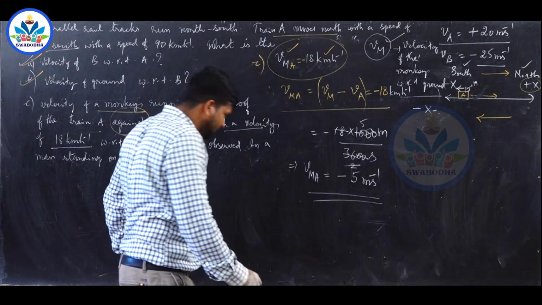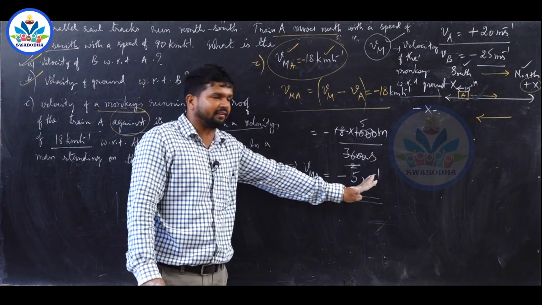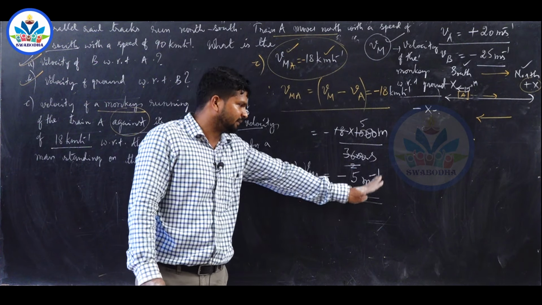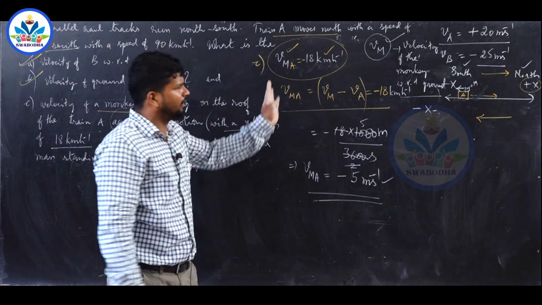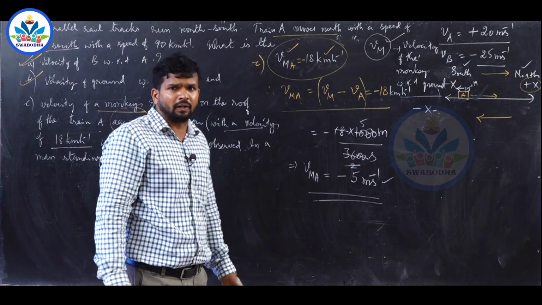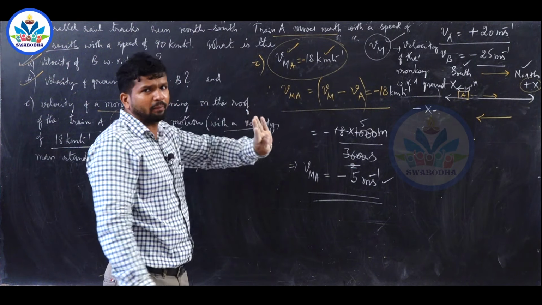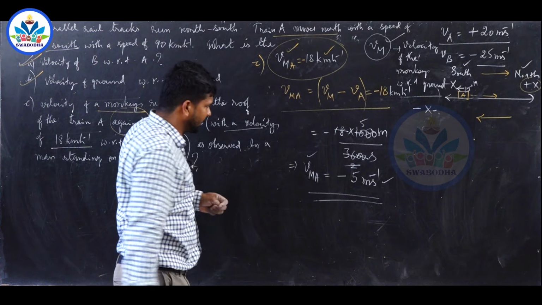All must be expressed in one system of units, that is the SI system, meter per second. You can retain all in kilometer per hour, no problem. But if you convert one into meter per second, you must convert all into meter per second. Otherwise, you'll get a wrong answer.